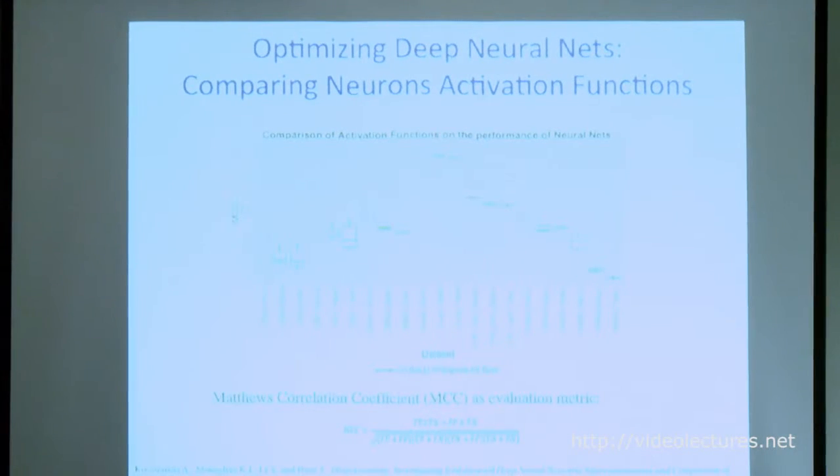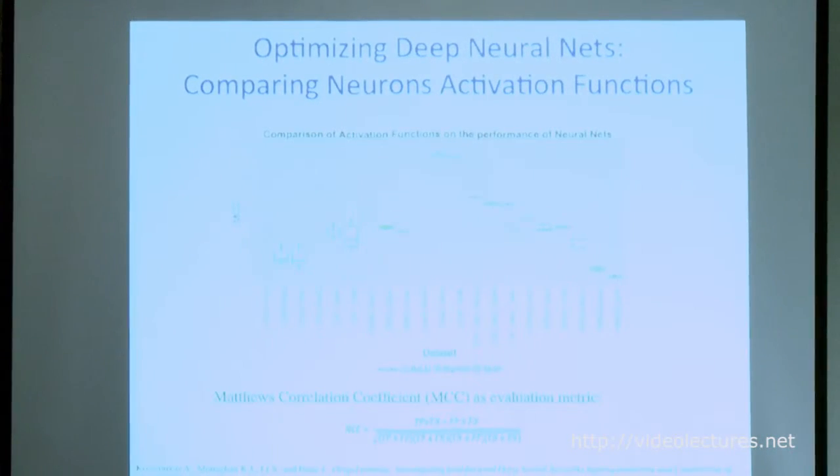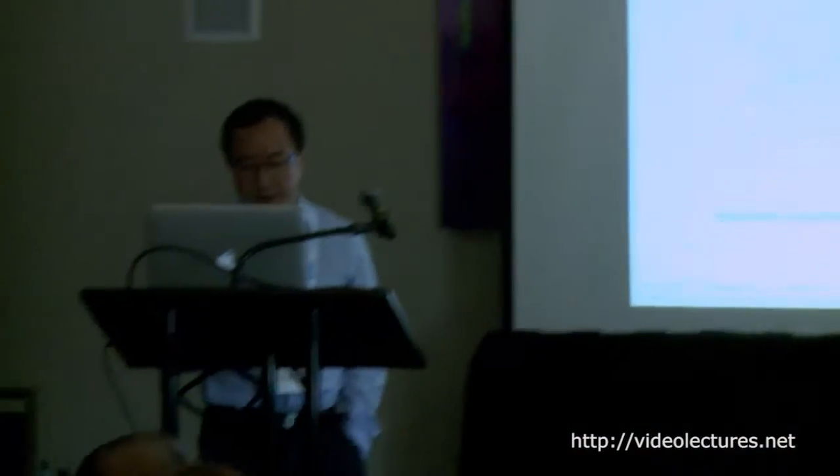It's quite consistent that ReLU performs better than the rest. We use the MCC to evaluate the results. The reason is that the testing data is usually very biased: the ratio between positives and negatives is skewed, with a small number of positives compared to the negative data set.